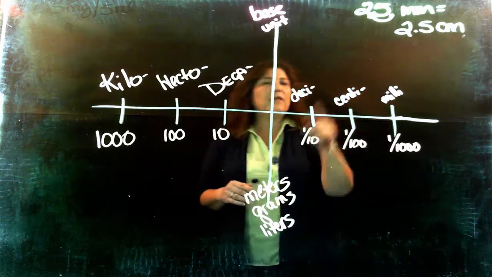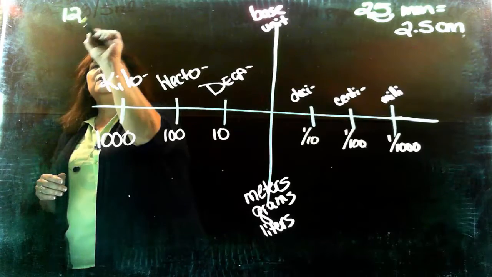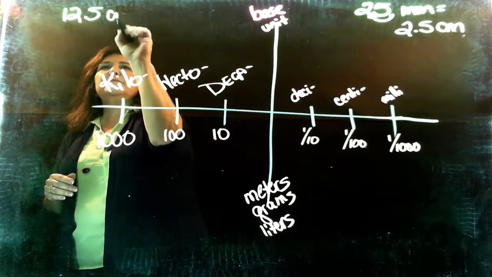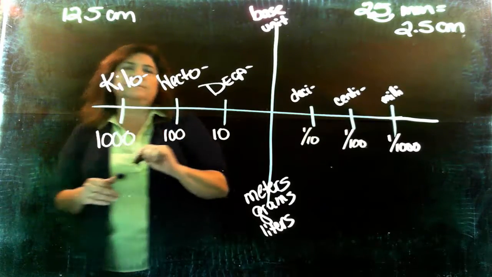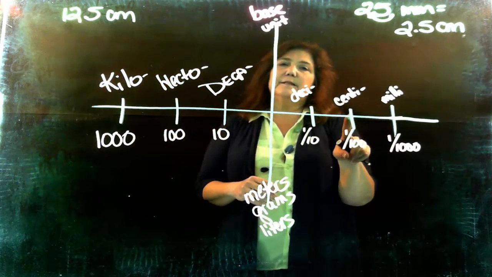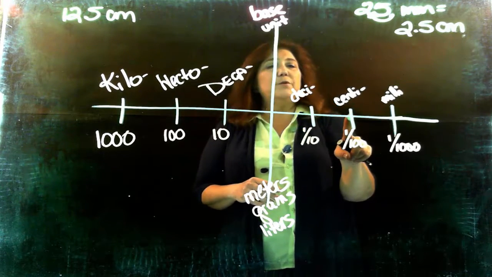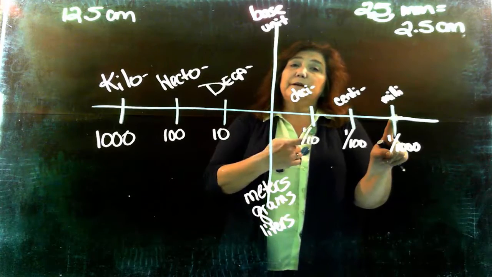So let's go the other way. Let's say I have 12.5 centimeters and I need to know how many millimeters that is. Well, I find on my number line where centi is, and I want to go to milli. That's one place, and I'm moving it one place to the right.